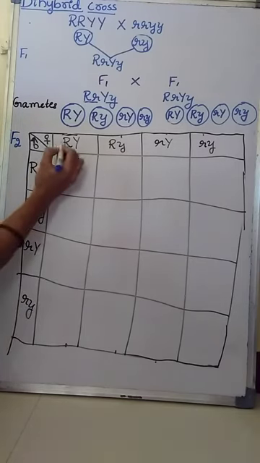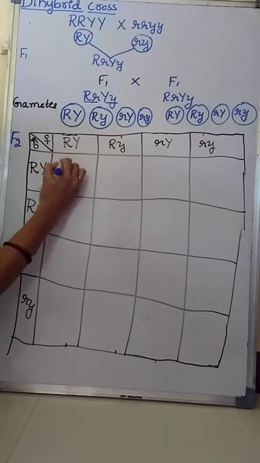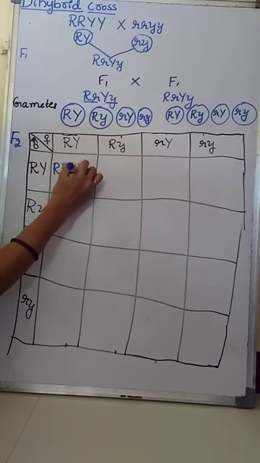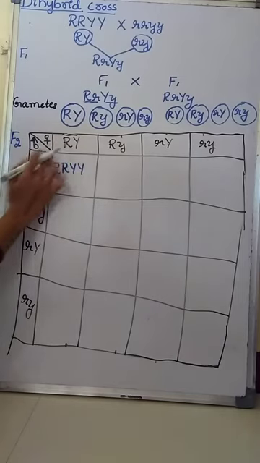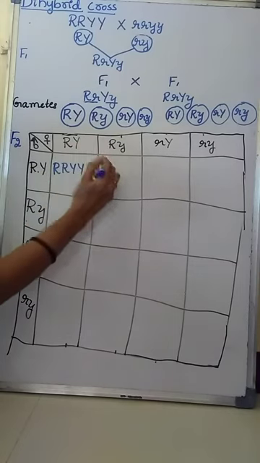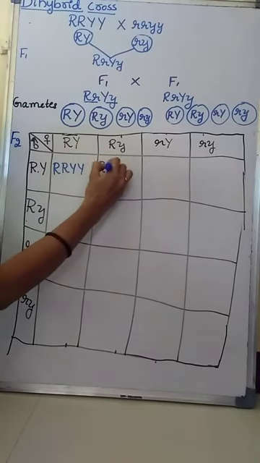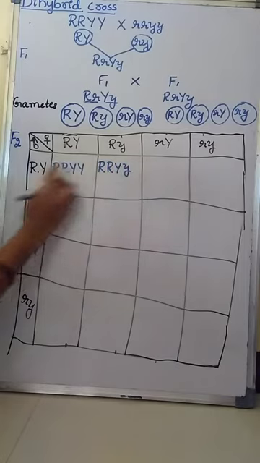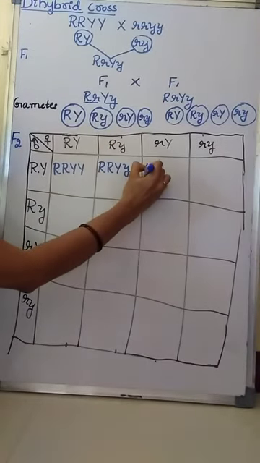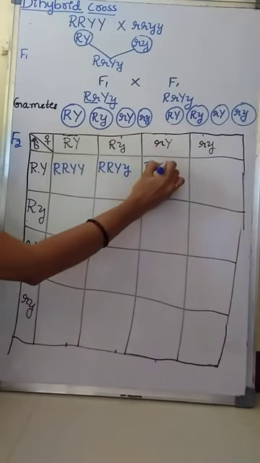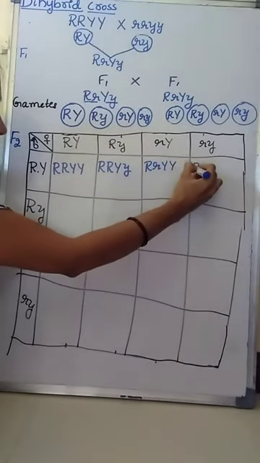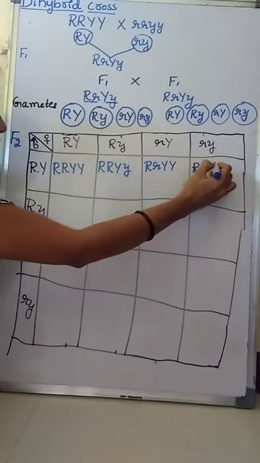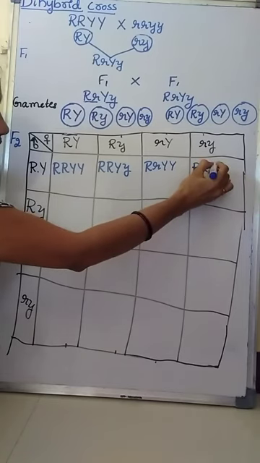Like this: capital R, capital Y. Fusion of these two gametes. Now this one with this: capital R, capital Y, small y. Here these two: capital R, small r, capital Y. Here capital R, small r, capital Y, small y.